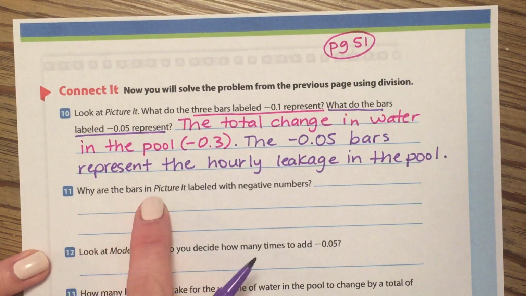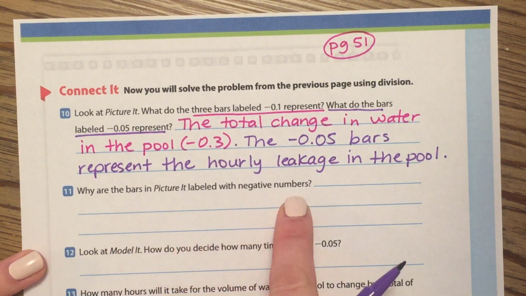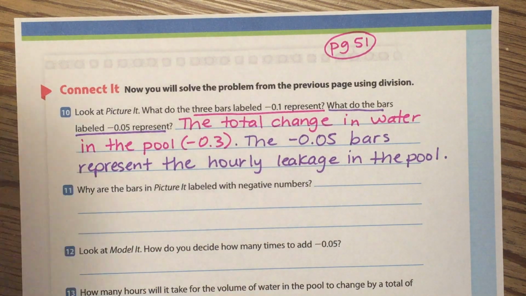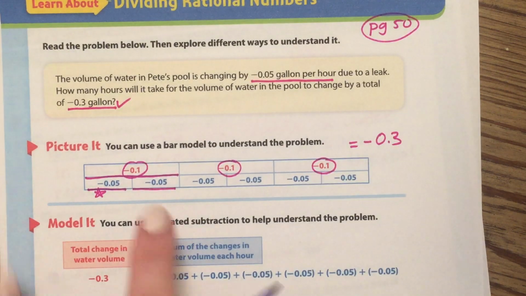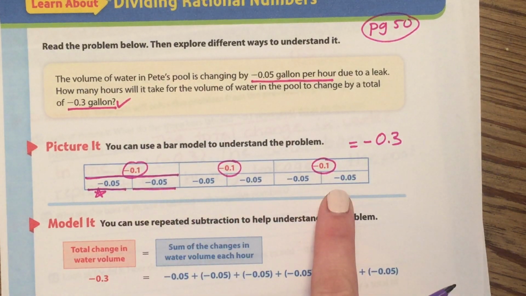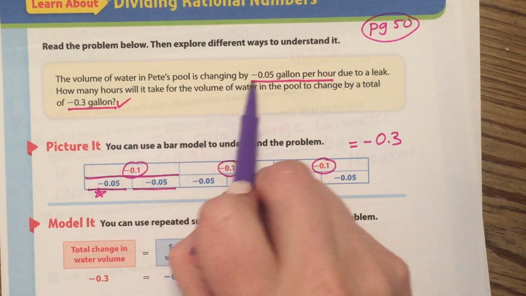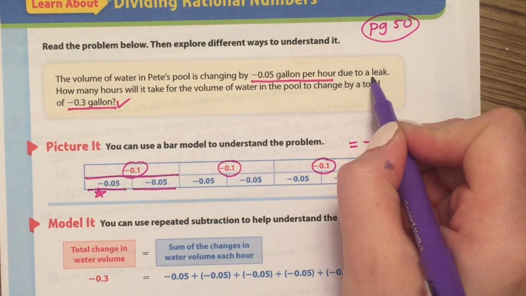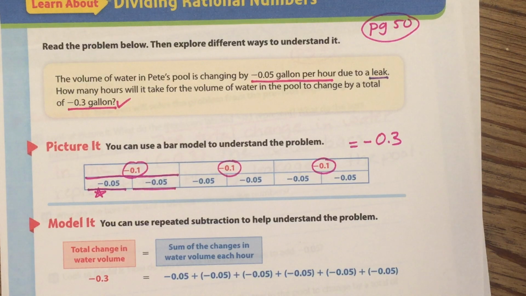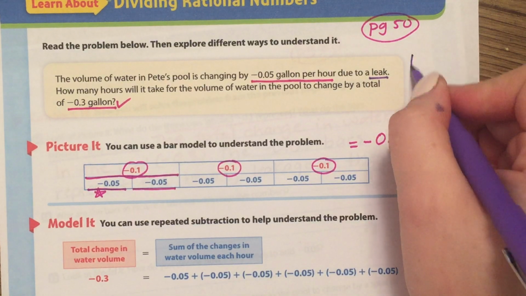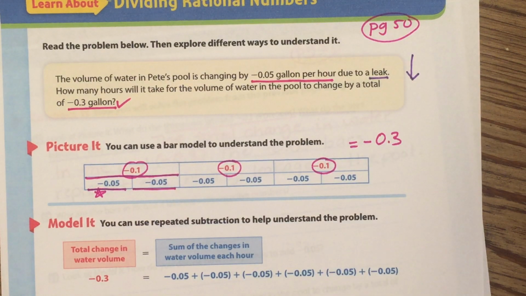So why are the bars in picture it labeled with negative numbers? So let's go back and look at the bar diagram for picture it. Why do we have negative numbers here? So it all goes back to the keywords in the problem. In this case, the volume is changing, it's going down due to a leak. So when a pool leaks water, the quantity of water in the pool goes down.